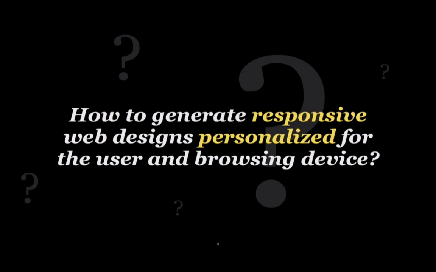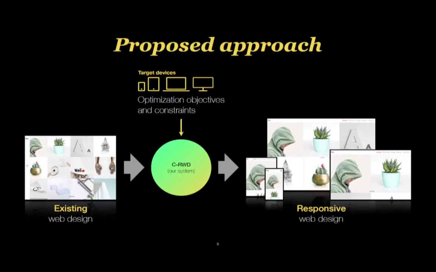With these challenges in mind, we set out to explore how to generate responsive web designs so that they can be personalized for the user and browsing device. What we came up with was this proposed system called CRWD, short for Computational Responsive Web Design.